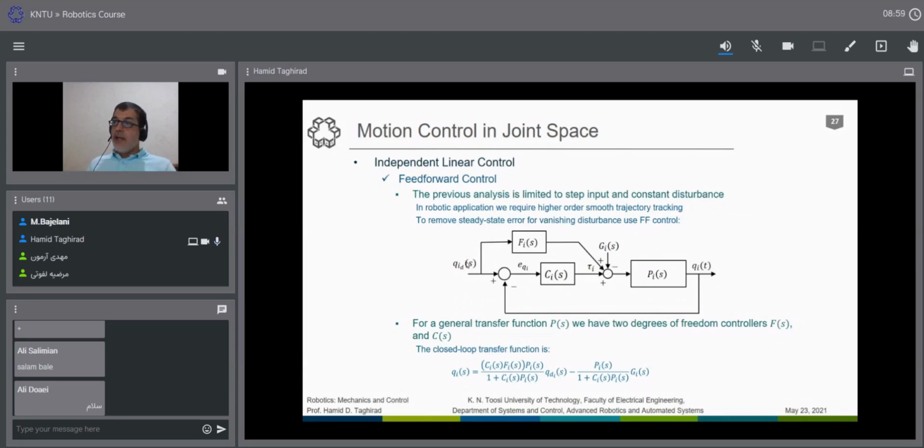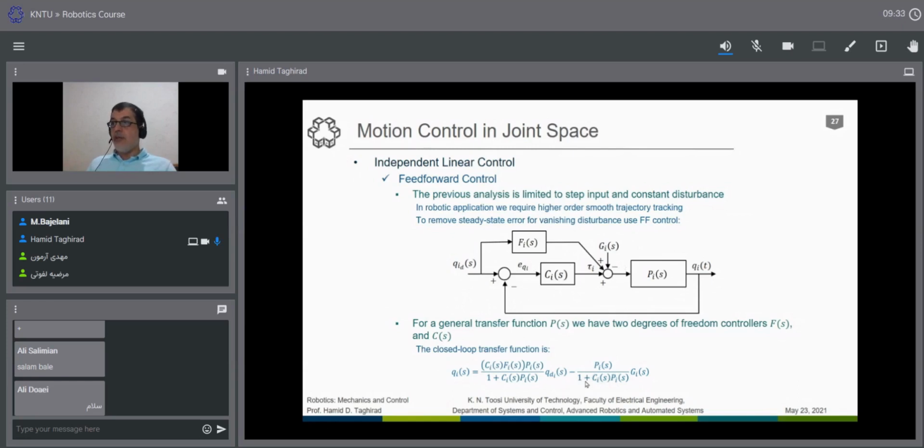Now, if you look at this, we can write the closed loop transfer function. Here we have one loop and the other loop. We can use Mason's rule or any other means to simplify the structure, and see that the characteristic equation comes from the feedback loop.